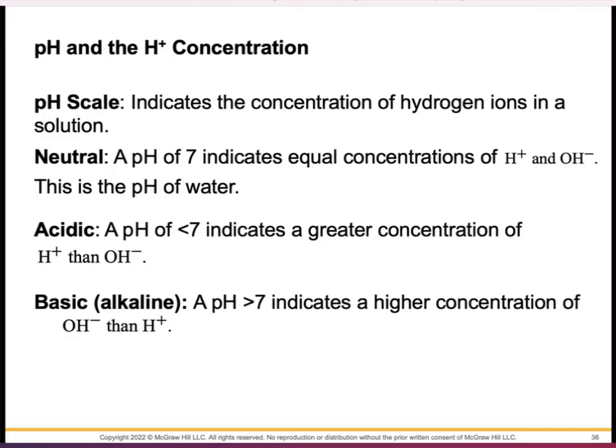Acidic is when you have a pH that is less than 7. It indicates that you have a greater concentration of hydrogen ions than hydroxyl ions. Now, basic or alkaline is when the pH is greater than 7, so 7 and up. It indicates that it is an alkaline or basic solution, with a higher concentration of hydroxyl ions than hydrogen ions.